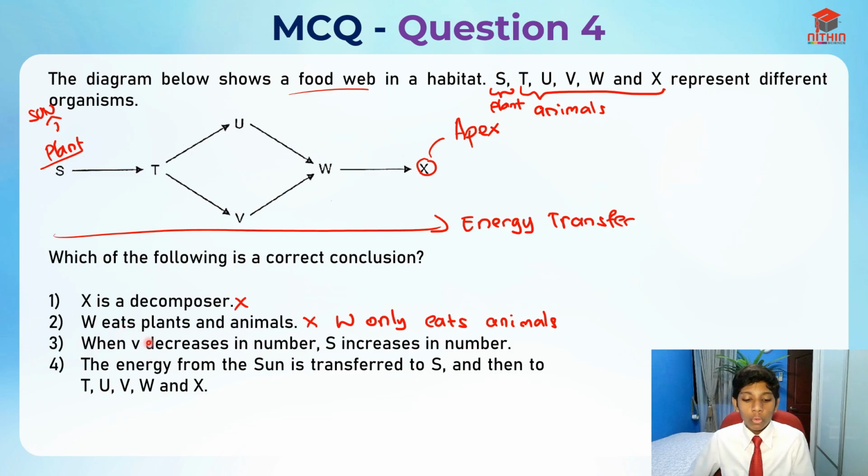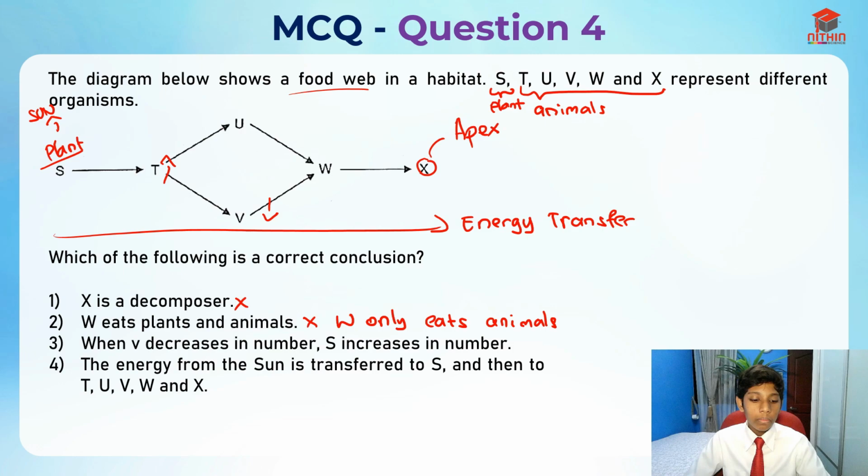Option number 3, when V decreases in number, S increases in number. So when V decreases in number, does S increase in number? Let's take a look at that. If V were to decrease in number, that means there are fewer organisms eating T, right? That means T will grow in population.